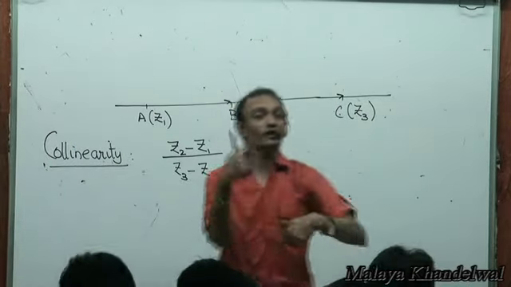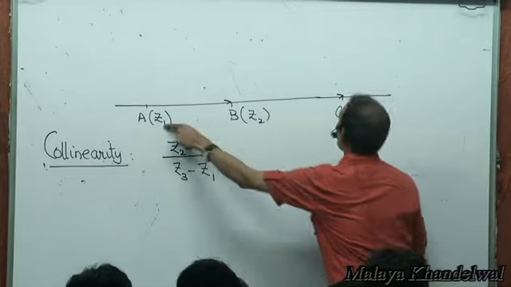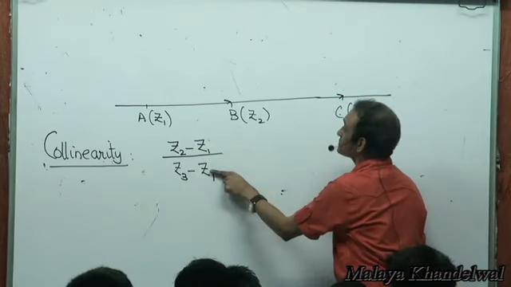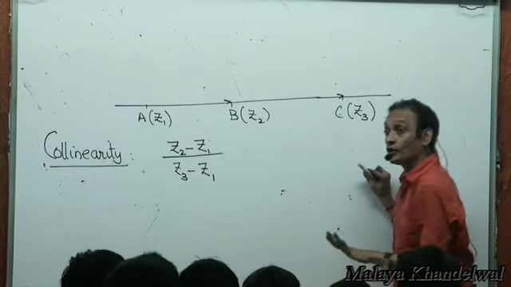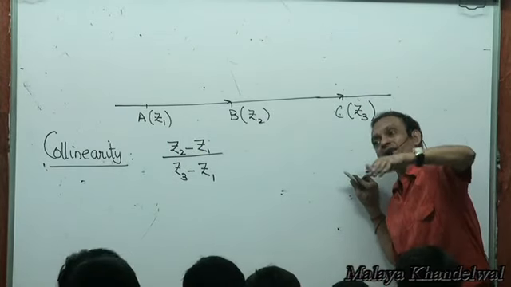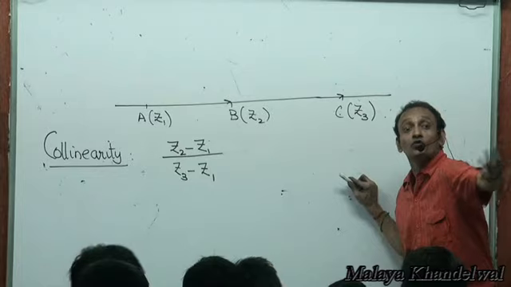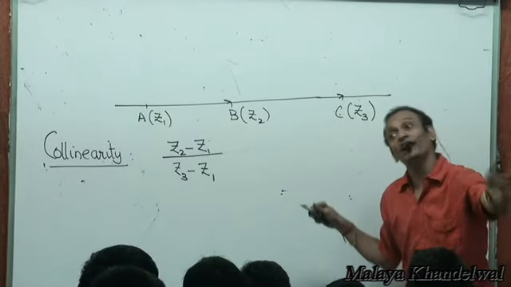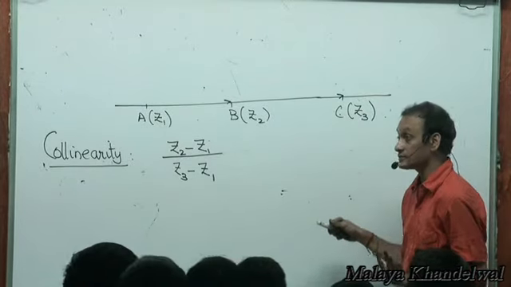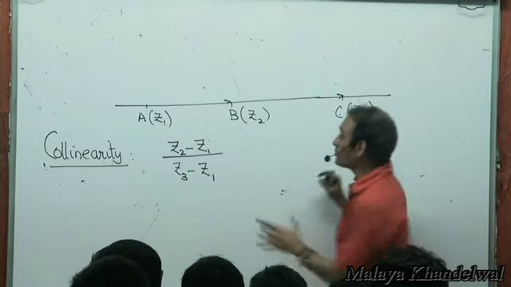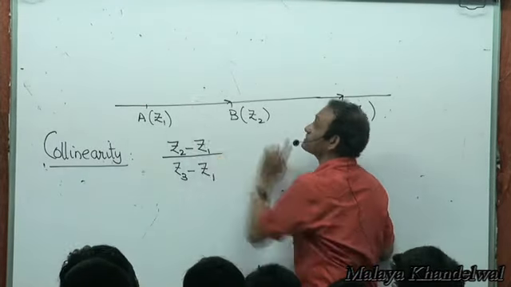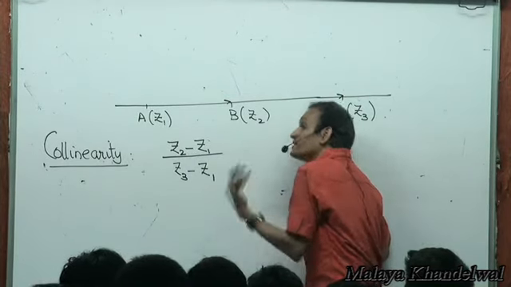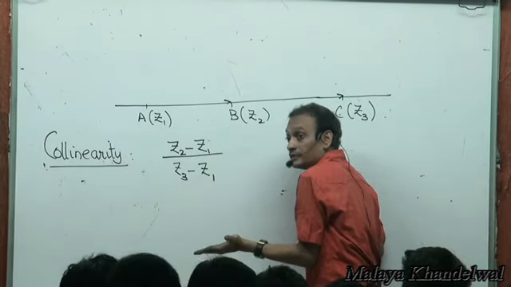Based on their relative orientations, the amount by which you must rotate Z3 minus Z1 so that it coincides with Z2 minus Z1 would be either 0 or pi, based on how they are relatively oriented, right? So the amount by which the denominator vector must be rotated so that it coincides with the numerator vector Z2 minus Z1 should be 0 or pi, yes or no?